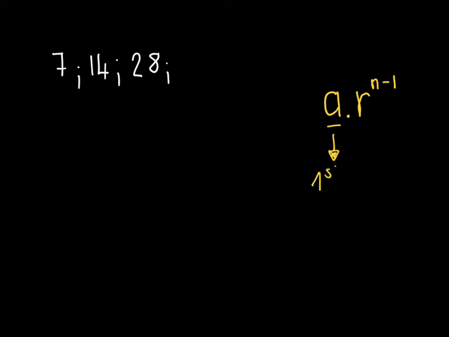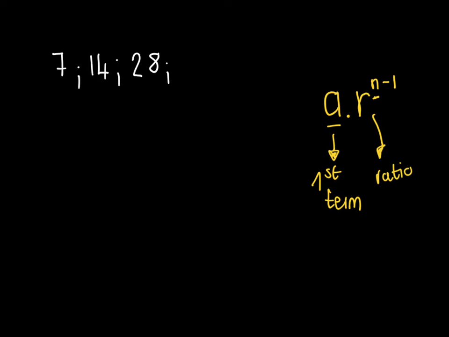So our first term is going to be our A, and our R is going to be the ratio, the common ratio, and that's going to be the difference from one term to the other. And then n is going to be whatever number we are calculating. So if we want to look at the next number in the sequence, we're going to have to use n to put that into the sequence.